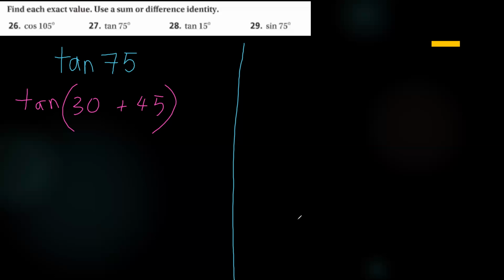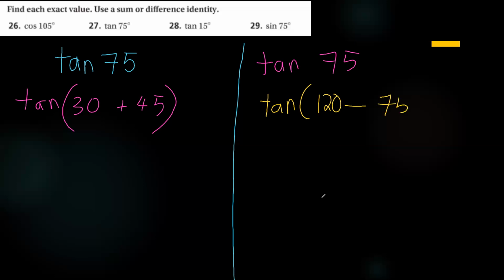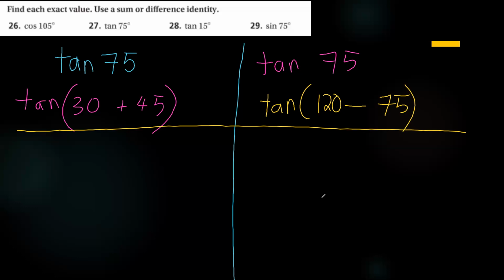And you can say that the tan of 75, if you use the difference identity, can you say that it's tan of 120 minus 45? So now we want to see how we can get the same answer if we use the sum identity or the difference identity. Let's start now with the first one.